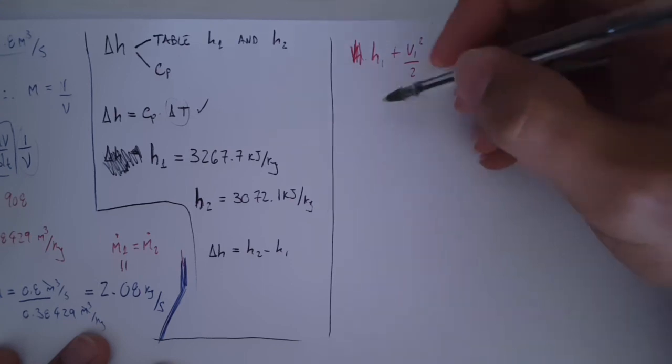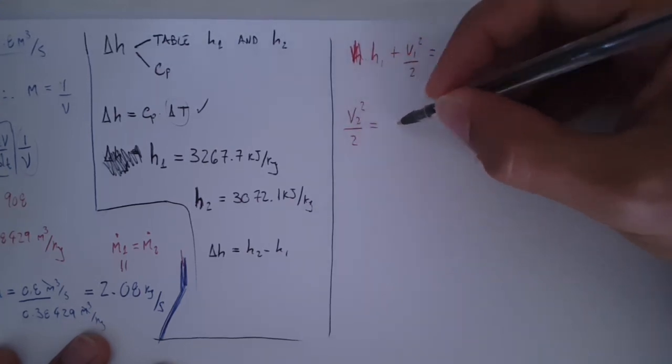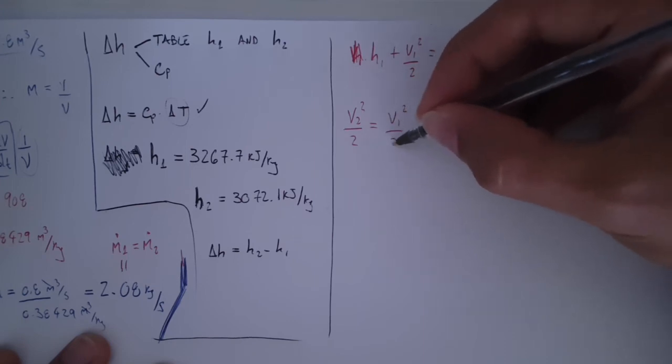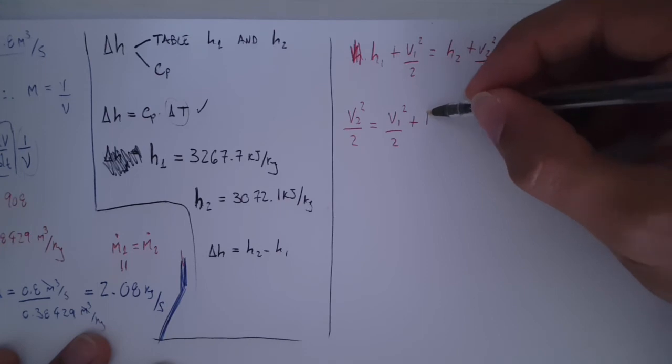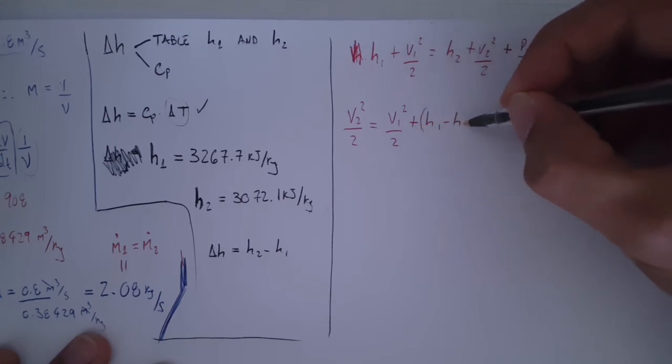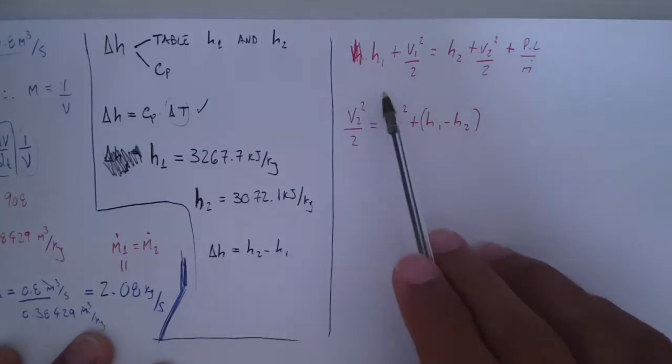We're after this guy here, so I'm going to have V2 squared over 2 equal to V1 squared over 2 plus, what's the difference here? Well, it's going to be H1 minus H2. So it's the inverse of what we generally get, because we're after velocity 2.